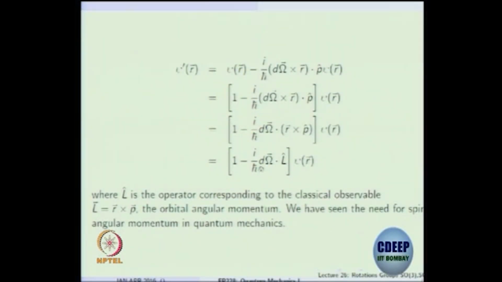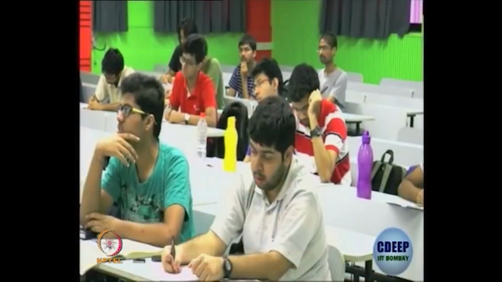If you increase the angle to a finite angle, then what do you have to do? Keep taking more pieces. You can multiply this thing because it's a continuous symmetry. Any finite rotation about the same axis can be treated as a product of infinitesimal rotations about the same axis.